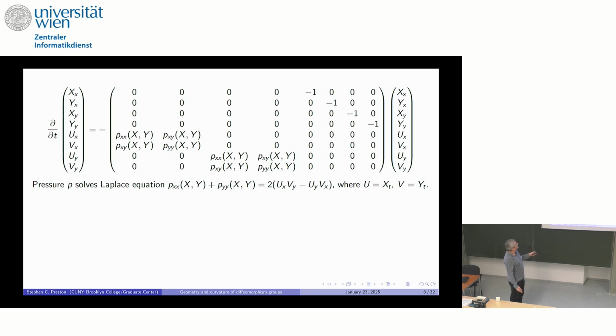And the pressure solves the Laplace equation, so you are probably familiar with this in the Eulerian form, but this is the Lagrangian form of it. So if I know all these partial derivatives, I should be able to reconstruct the pressure from the Laplacian, and if I can reconstruct the pressure, then I can reconstruct the full Hessian.